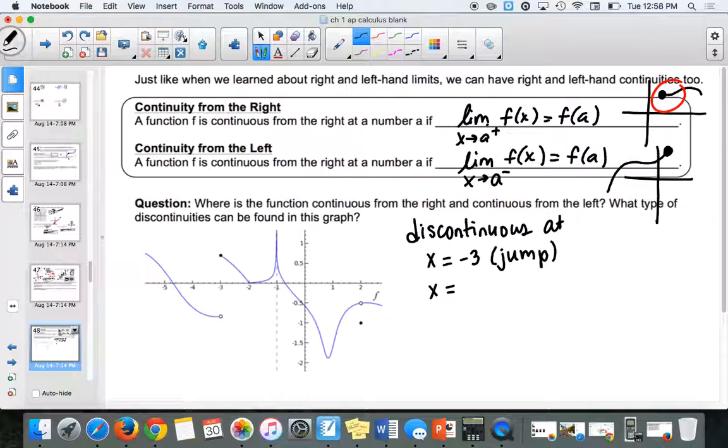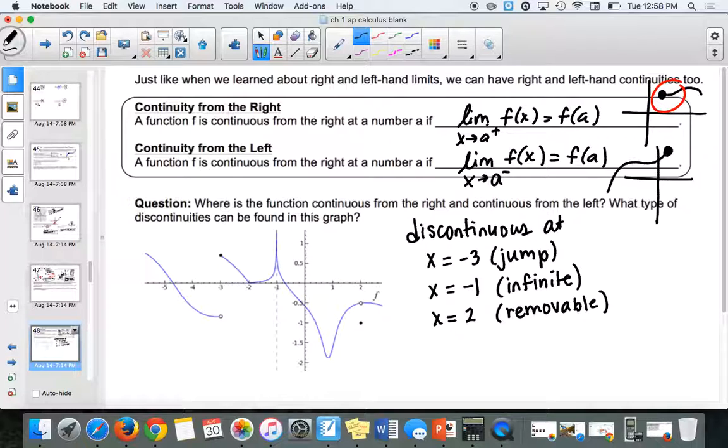All right, where else? x equals -1. What type is that? Infinite, because there's a vertical asymptote. How about x equals 2? What's that? We use the fancy term removable. All right, it's a hole.